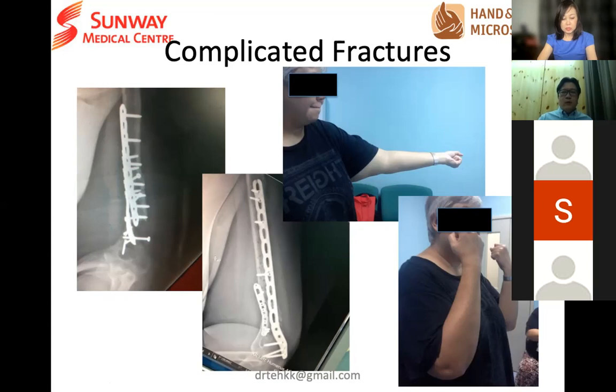If you don't put enough screws, or the way you put your screws is not right, then obviously it's going to break. So this is her after the revision. This is the plate that we redid, and after the surgery she got full range of motion of the elbow.